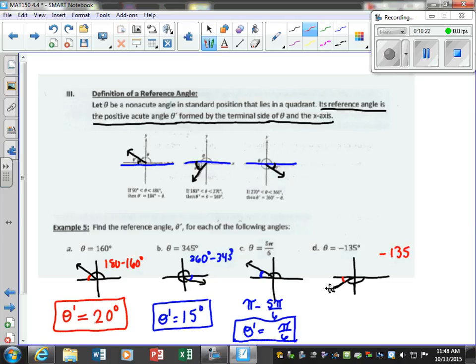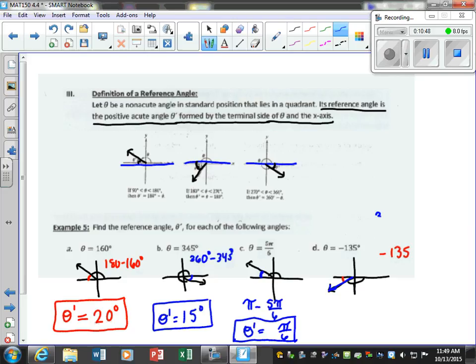Wait, hold on a second. Okay, so back up one second. First of all, negative 135 is not on our unit circle, so let's find a coterminal angle so that we have a positive angle. Remember, coterminal means the same exact location.